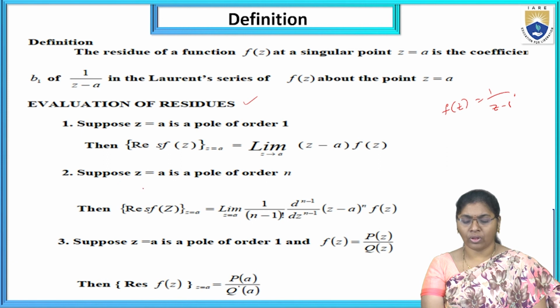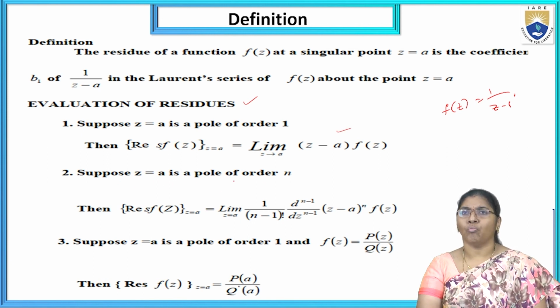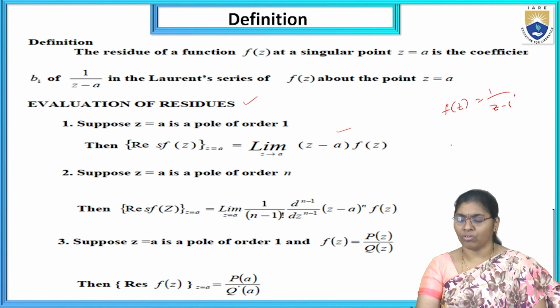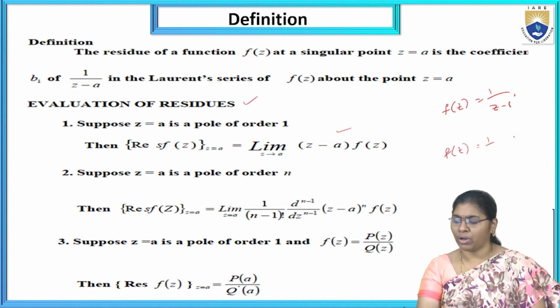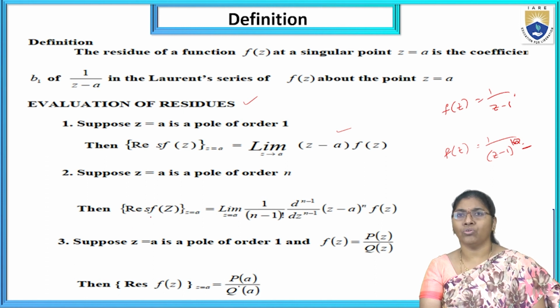This is the formula. And another one: suppose z equal to a is a pole of order n. That means f of z equal to 1 by z minus 1 to the power of n, or 10 or something. Here order is 10. Then the formula is the residue of f of z equal to limit z tends to a of 1 by n minus 1 factorial into d power n minus 1 by dz power n minus 1 of z minus a whole power n into f of z.